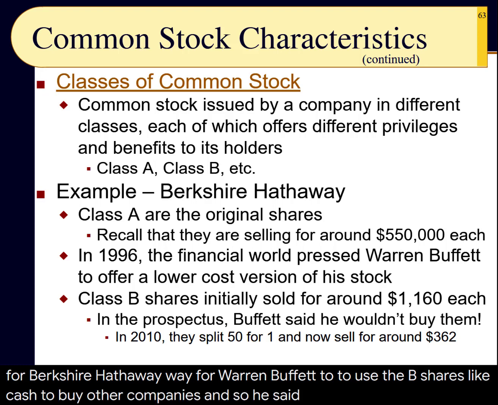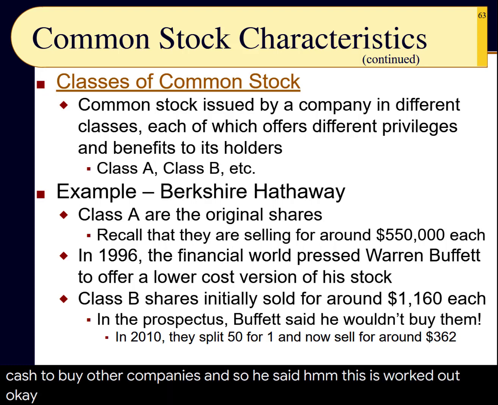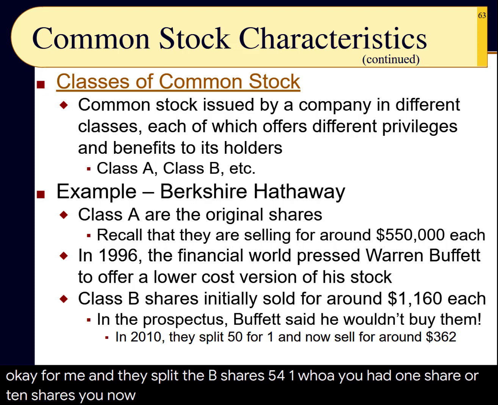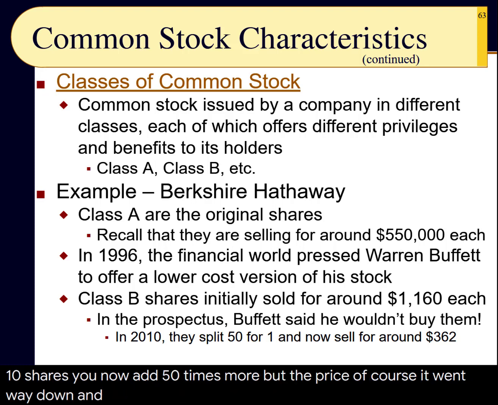And so he said, this has worked out okay for me. And they split the B shares 50 for 1. Whoa, you had 1 share or 10 shares, you now had 50 times more, but the price, of course, went way down. And it was easier to use them like dollars, like cash.